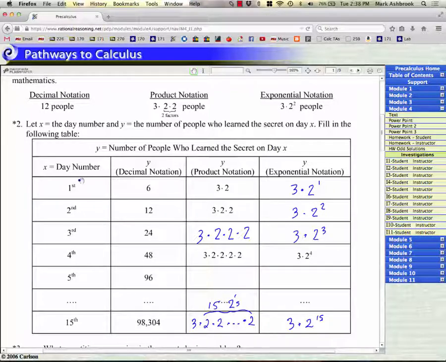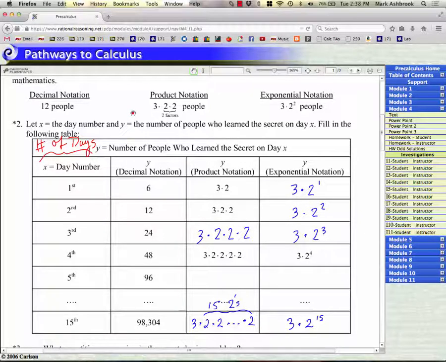Yes. Okay? And what's the output? Number of people who learn the secret.